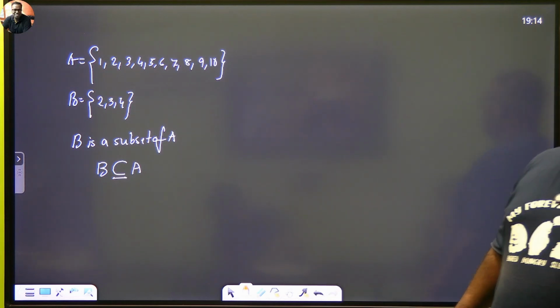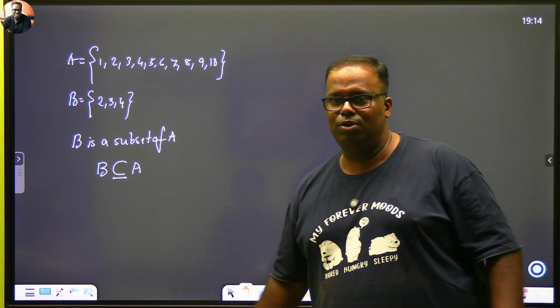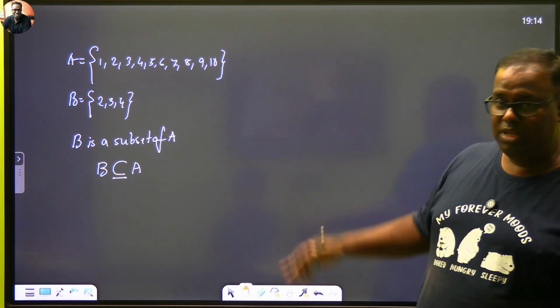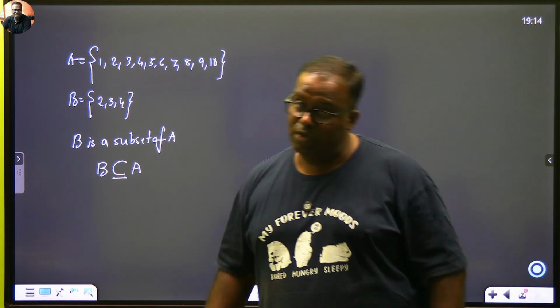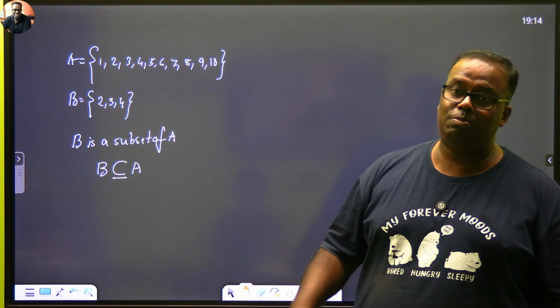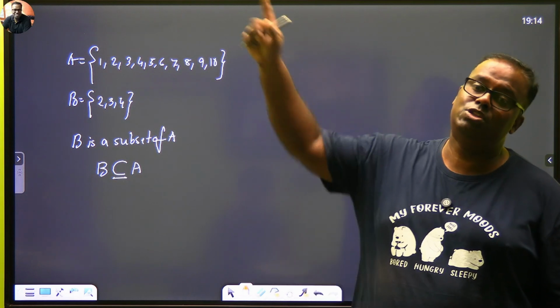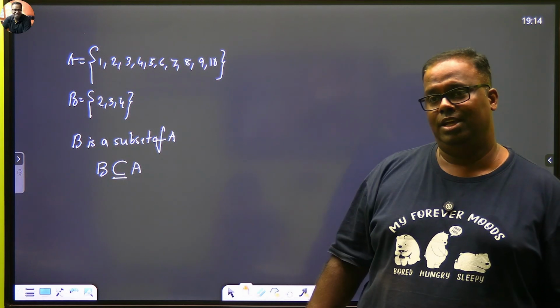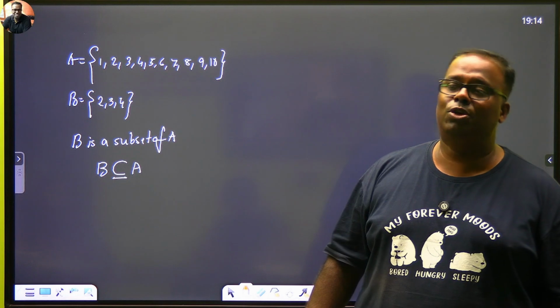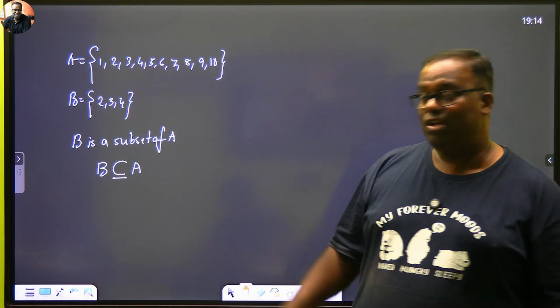So what is the formal condition for B to be a subset of A? B is a subset of A if every element X that belongs to B must also be an element of A. Reverse may not be true. So how will we write it?